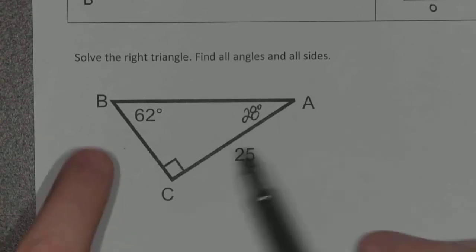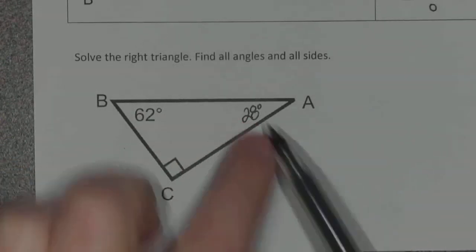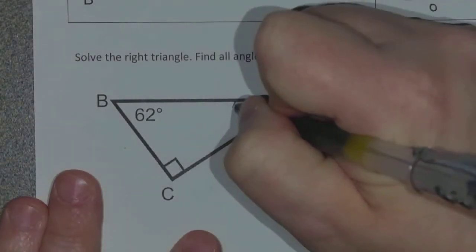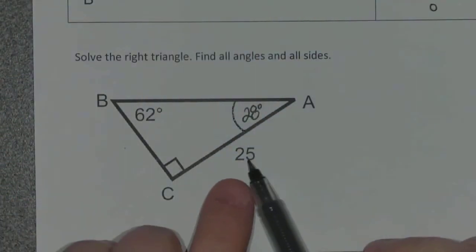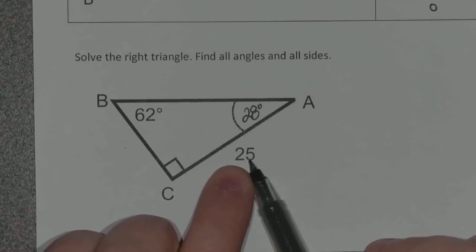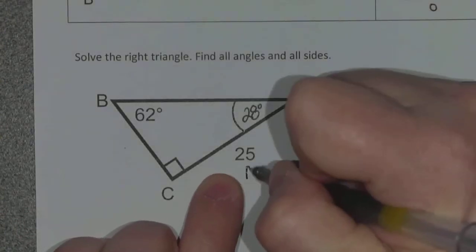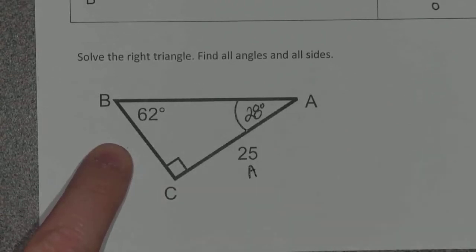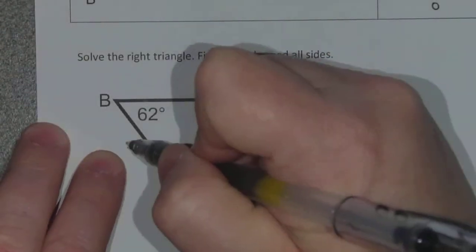So which angle do you want to look at, the 62 or the 28? The 28? Okay, from the 28, what would this side be called? The adjacent. And which one do you want to look for, the opposite or the hypotenuse? The opposite?